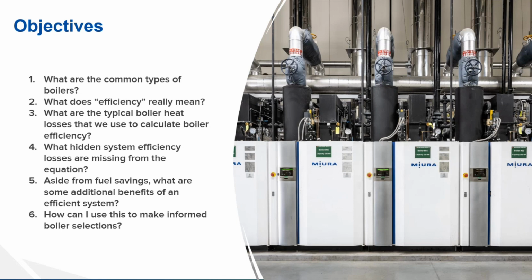And what are the typical boiler heat losses that go into that? What are we using to calculate that boiler efficiency? What are some hidden system efficiency losses that are missing from the equation? So what are we not taking into account when we just say boiler efficiency? Aside from fuel savings, what are some additional benefits of an efficient system? And how can I use all this to make informed boiler selections?